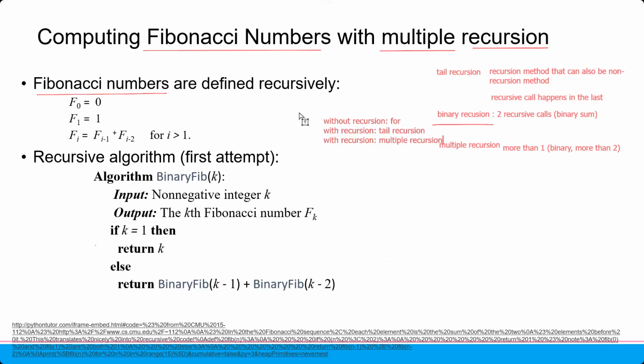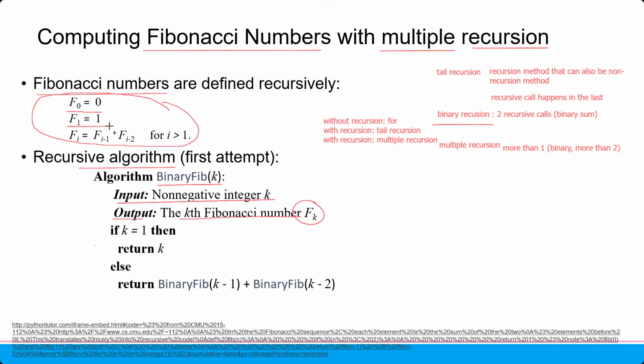So what is the Fibonacci with multiple recursion? This is the recursive algorithm for binary Fibonacci. It means we have only two recursive calls. The input should be a non-negative integer, and the output is the kth Fibonacci number, Fk. This is the function. F0 starts from 0.